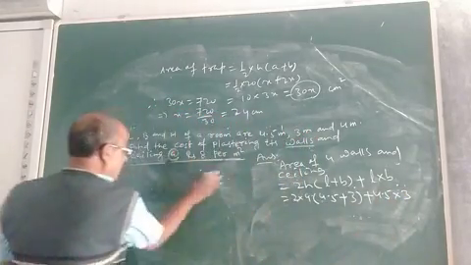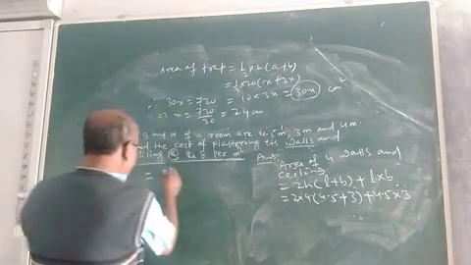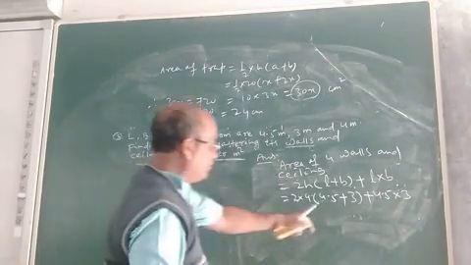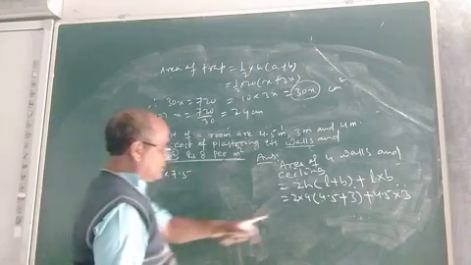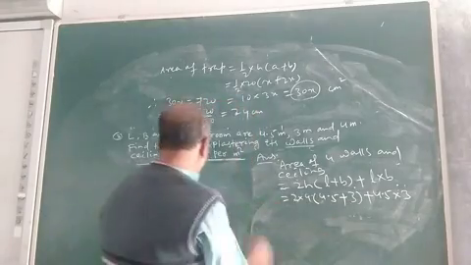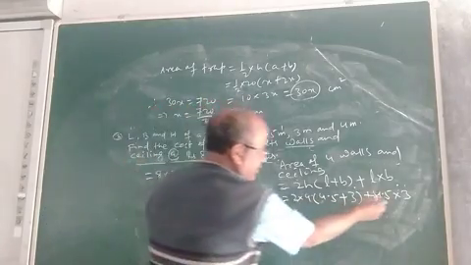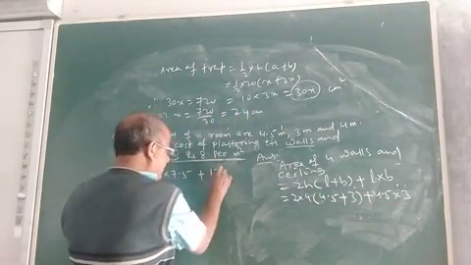Now this will be equal to 2 into 4 is 8, 8 into 4.5 plus 3, which is 7.5. 2 into 4 is 8, plus 4.5 into 3, it will be 13.5.